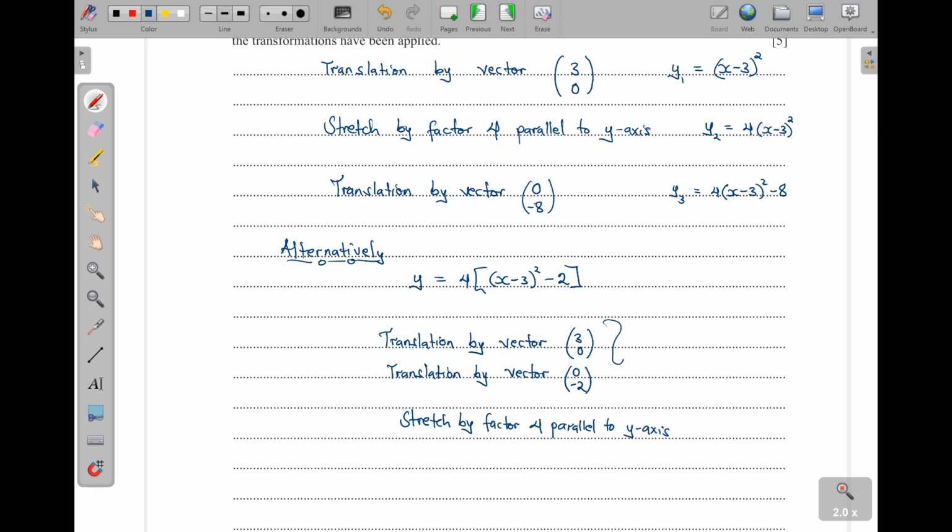Or instead of writing these two, you can actually put it as one translation by vector (3, -2), all of it together, and then you have this one here as the next one. So that one is also correct. So if you factorize out the 4, then you do this one here, and after that you stretch. So whichever way, you get the two answers correct.